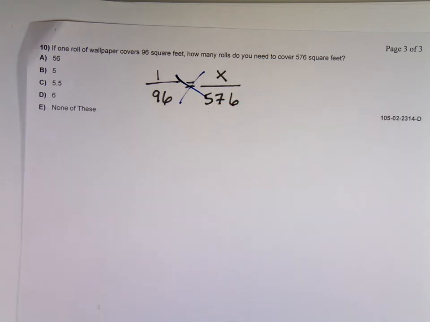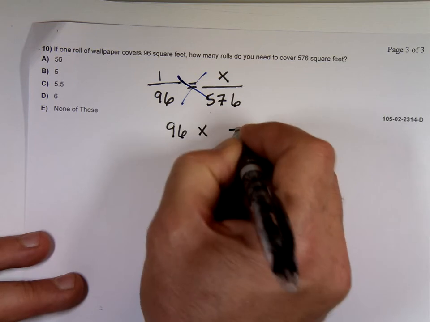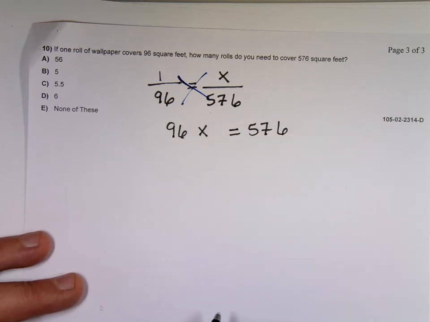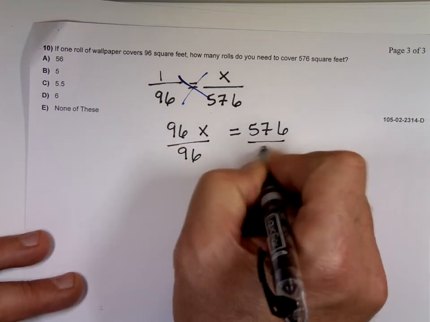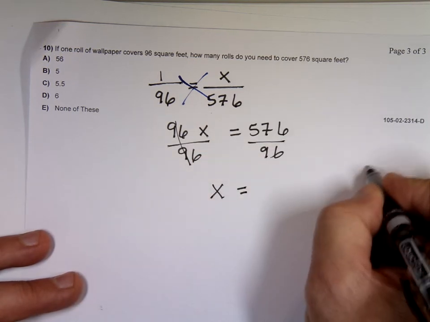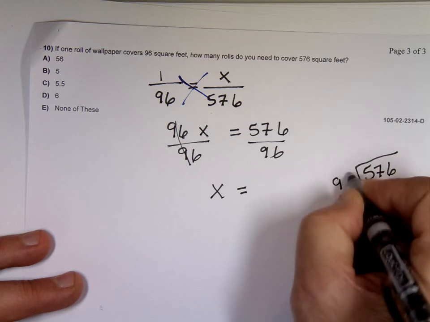Cross multiply. 96x equals 576. To get x, we're going to divide by 96. And let's do the math. 576 divided by 96.